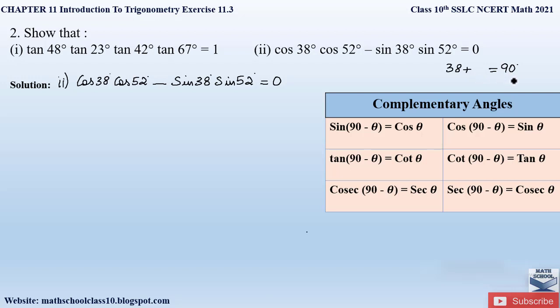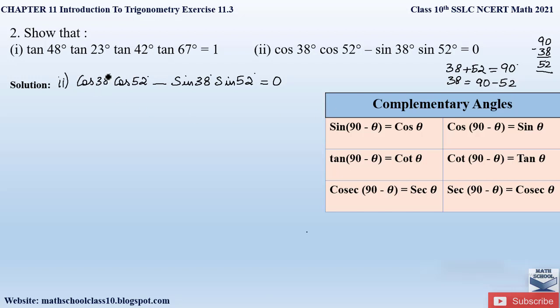As we all know, the sum of any two angles should be equal to 90 degree to form complementary angles. So 90 minus 38 will give you 52. So 38 plus 52 will give you 90 degree. So let us find out the value of 38, which is nothing but 90 minus 52.